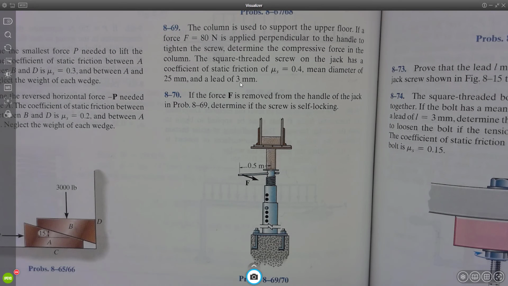Yep, lead is the height of the thread. What's that? They are.